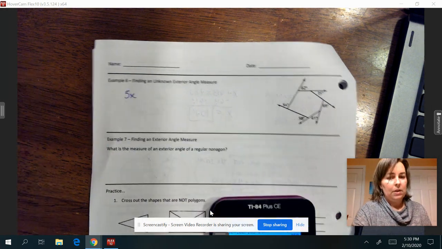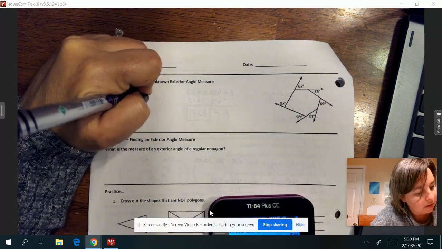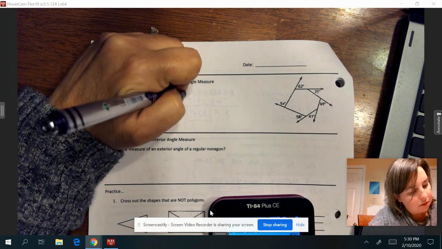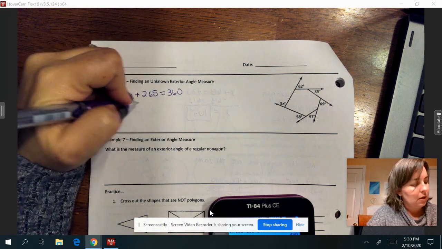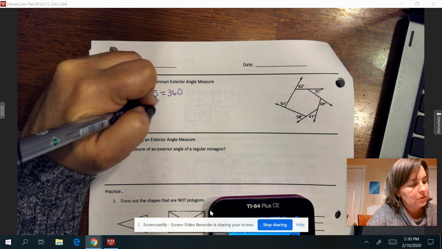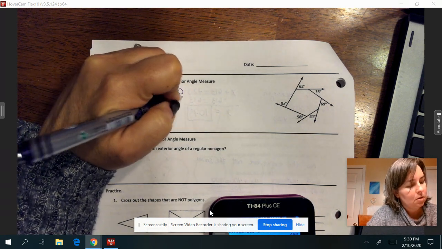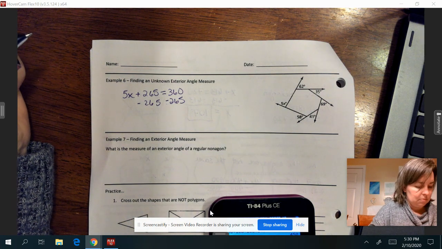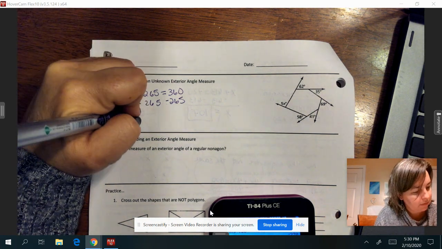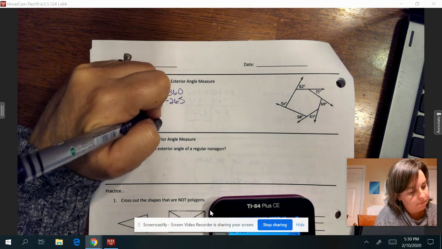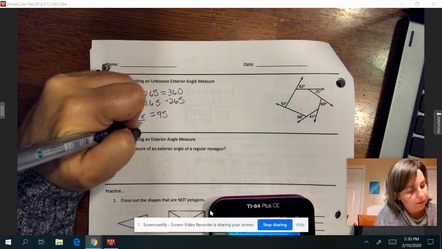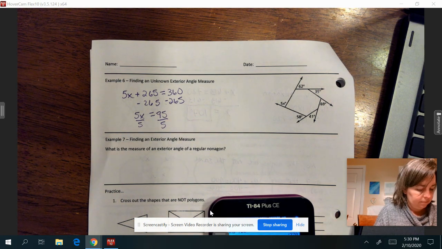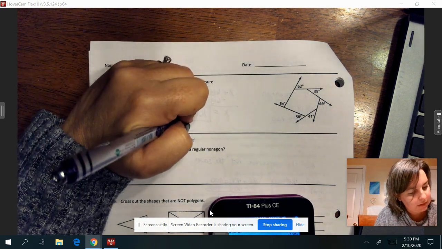So we're going to have 5x plus 265. Then I'd subtract 265 on both sides. Is 95. And then divide by 5. That x is 19.